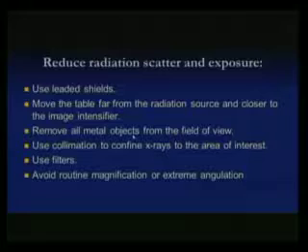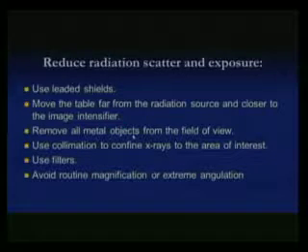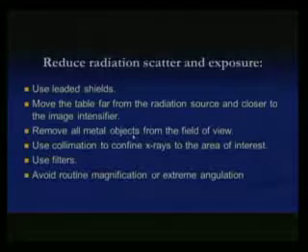Use leaded shields, your thyroid shield, and move the table far from the radiation source and closer to the II. That's very important, closer to the II. Remove all metal objects to reduce scattering, use collimation to decrease the image size, use filters, and avoid routine magnification or extreme angulation because the scatter increases a lot with these things.